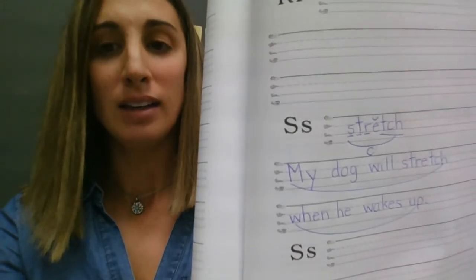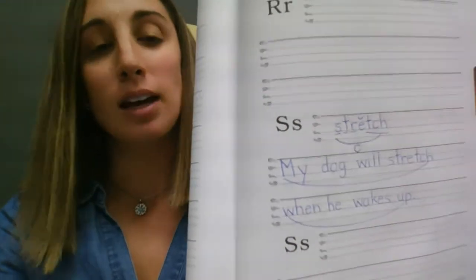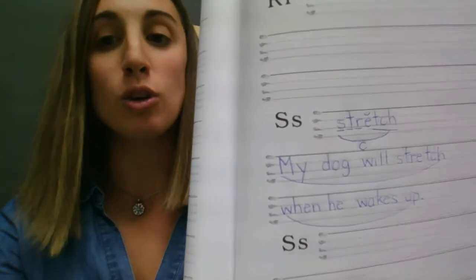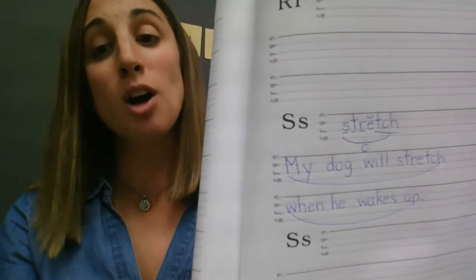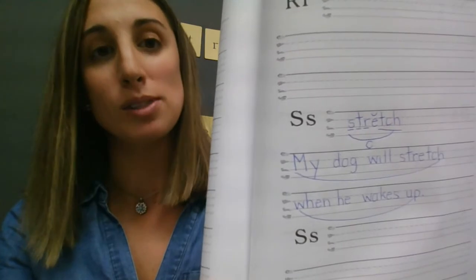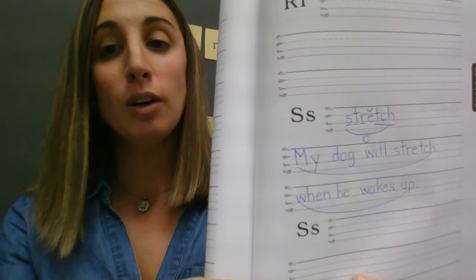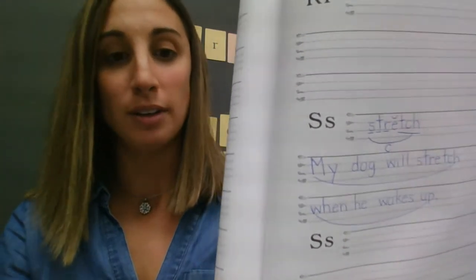When he wakes up. And you'll notice that underneath the parts, we did scoop the sentence into meaningful phrases. So I would read the sentence by saying, my dog will stretch when he wakes up. Notice how I grouped those together. Pause the video if you need to finish writing this sentence on your page 75.